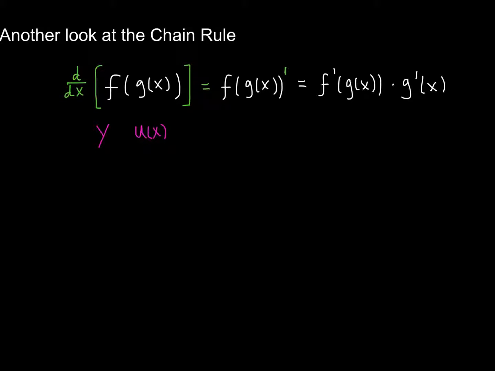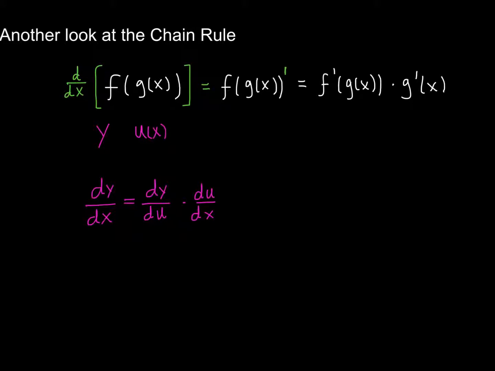In other words, if I want dy/dx, I need to take the derivative of y with respect to u and multiply it by the derivative of u with respect to x.